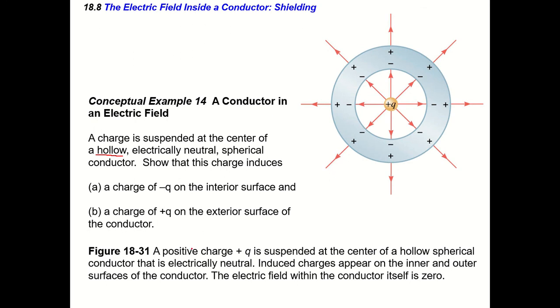In this illustration, a positive charge q is suspended at the center of a hollow spherical conductor that is electrically neutral. So induced charges appear on the inner and outer surfaces of the conductor. The electric field within the conductor itself is 0. I hope you get the concept of this illustration here.